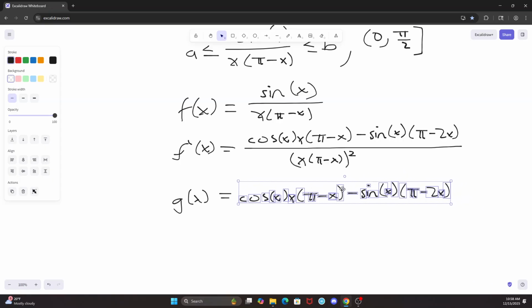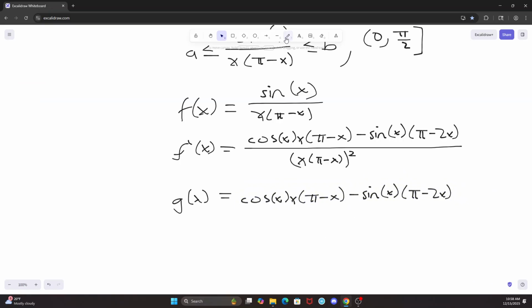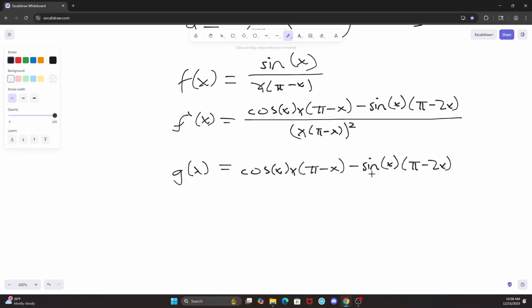Just copy this over: we have g of x is equal to this whole expression. And so what does this tell us about the sign of f prime?